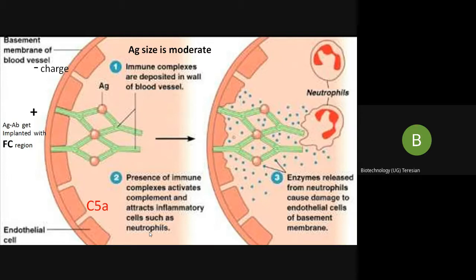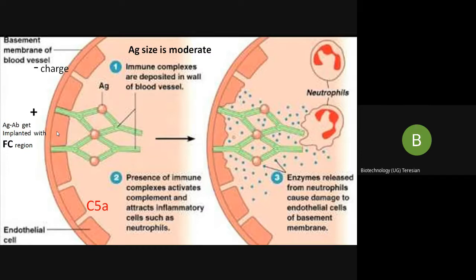These membrane attack complexes attract the phagocytes, and they can destroy the tissue, along with the immune complex in the blood vessel tissue, leading to destruction which is contributed by the inflammation caused by the complement proteins.